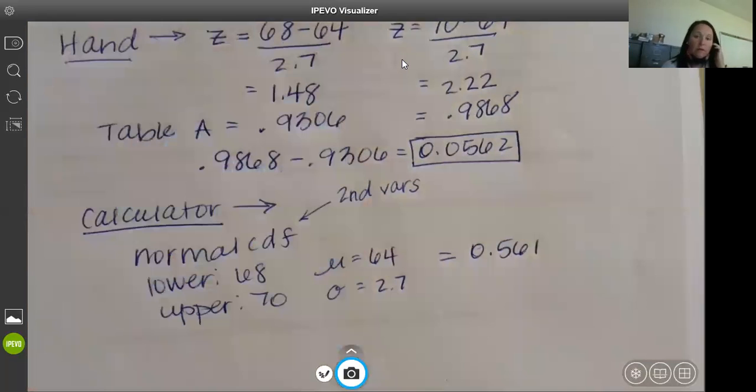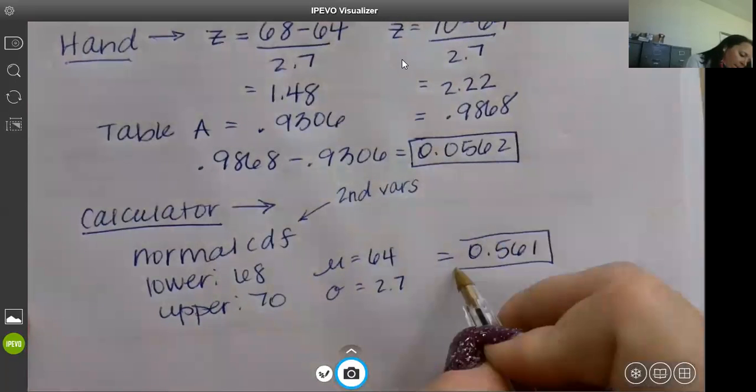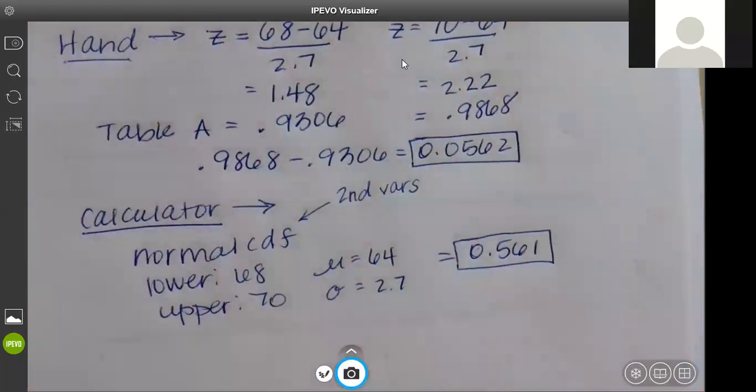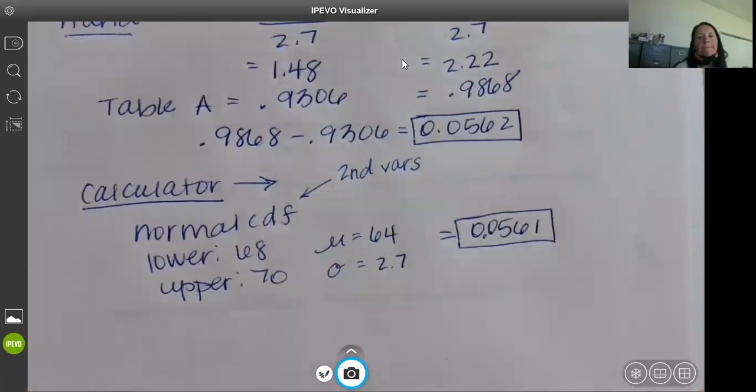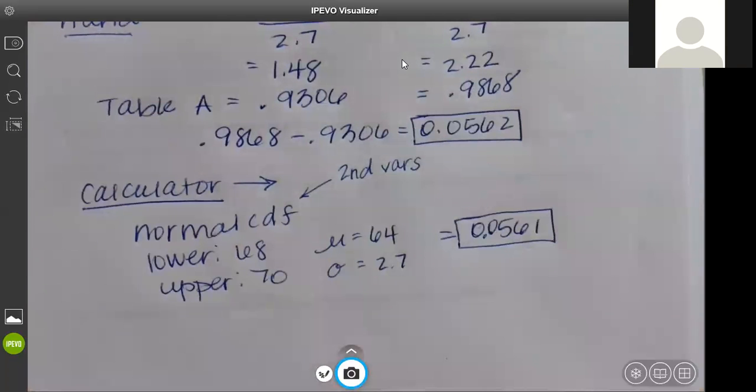Okay. Is everybody good? Which one's the more accurate one? Is that supposed to be 0.0? Yeah, I just didn't write it down. Which one's the more accurate one? The calculator, because we didn't round at any point in that. Remember, the Table A rounds things.